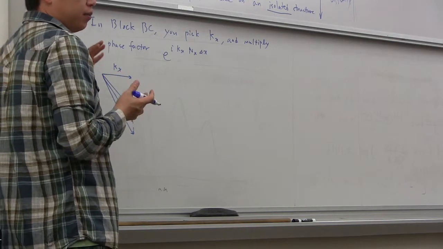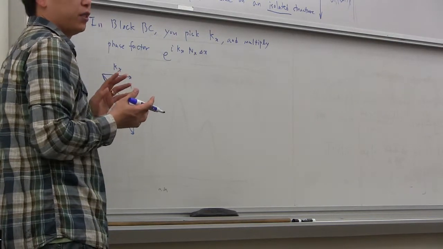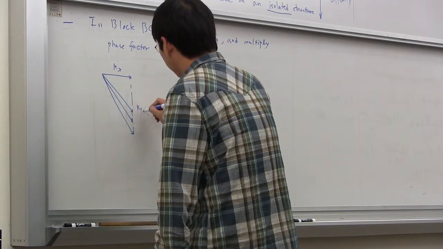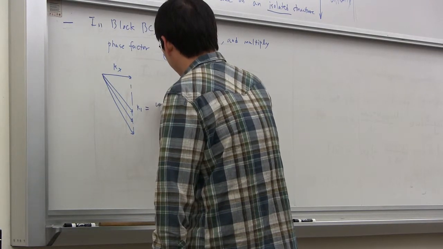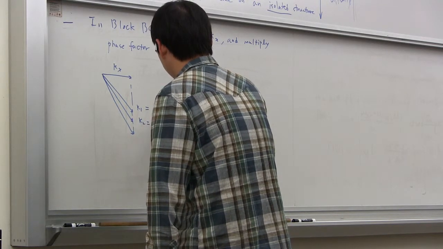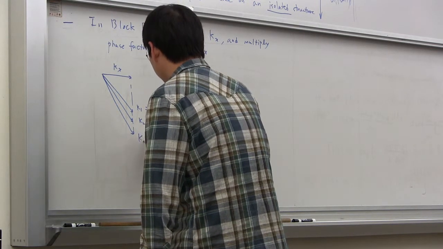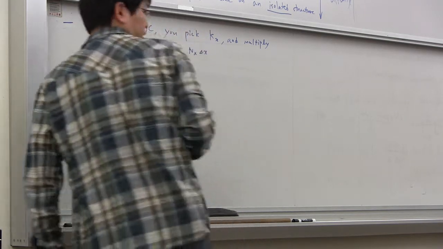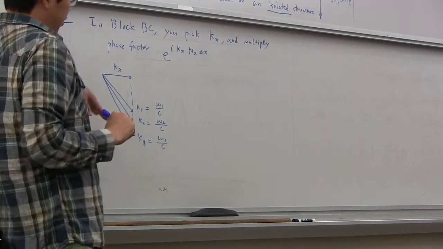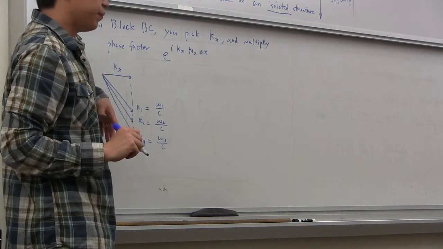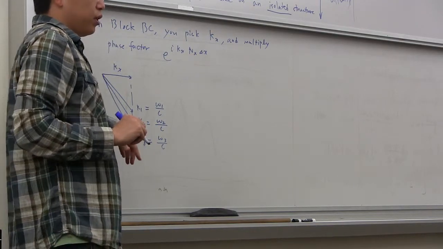Therefore, it has many k components. So for this k1, which is omega 1 divided by c, and k2, omega 2 divided by c, and k3, omega 3 divided by c, they are actually going in all different angles.